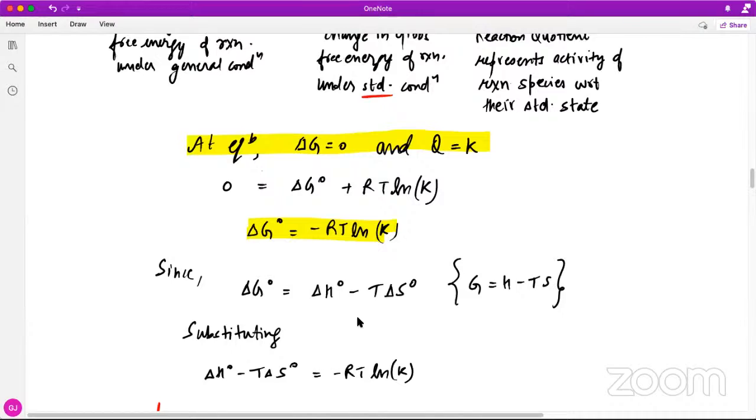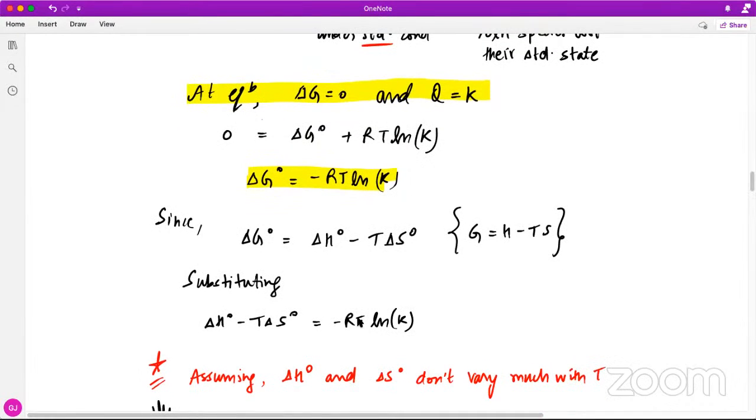Okay, now एक assumption हम लोग लेंगे, that is not a bad assumption, it's an okay assumption, that delta H naught and delta S naught, we'll assume them to be constant, will not vary them with temperature.